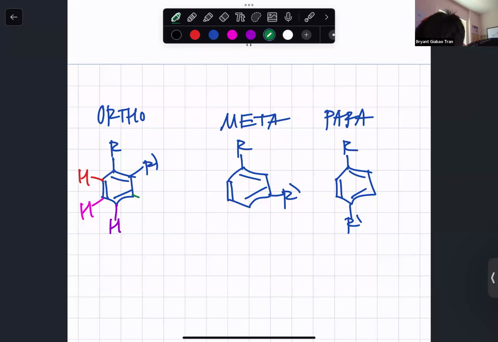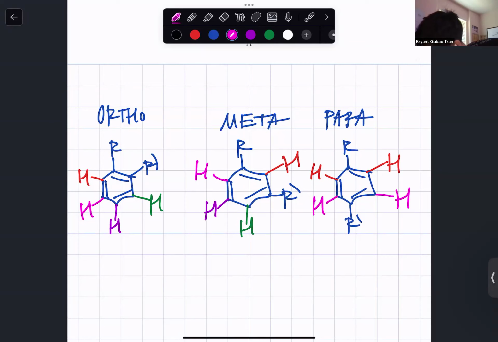So all of these 4 hydrogens are unique to each other. All of these 4 hydrogens are unique to each other. They're different. But at the para, there's a set of hydrogens that are the same and another set that are the same because of the plane of symmetry, right?